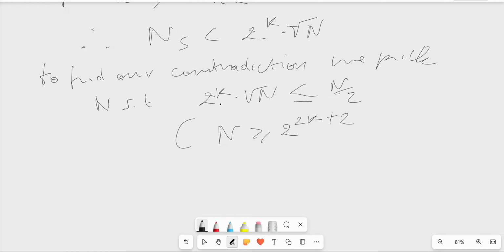That's just multiplication and simplification. So this is possible, no? N was there for any integer. So as long as we pick any integer greater than this, we have NB and NS each less than n over 2. This is a contradiction. Look at that. Yeah, that's the end, man.